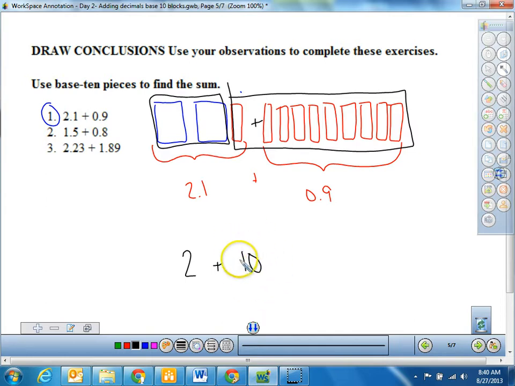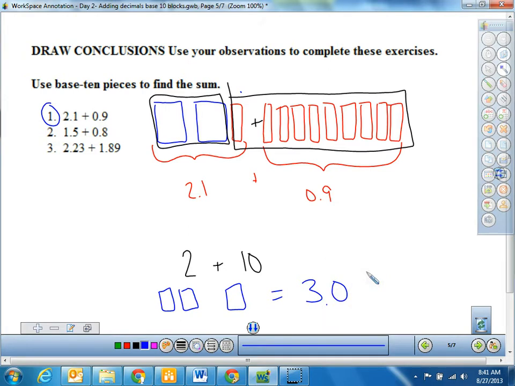Ooh, remember when I have 10 of these, that's the same thing as 1 of those. So what I would end up doing is converting these. I would say I have 2 blocks here, and this is the same thing as a third block. So it's going to equal 3.0, or just plain 3.